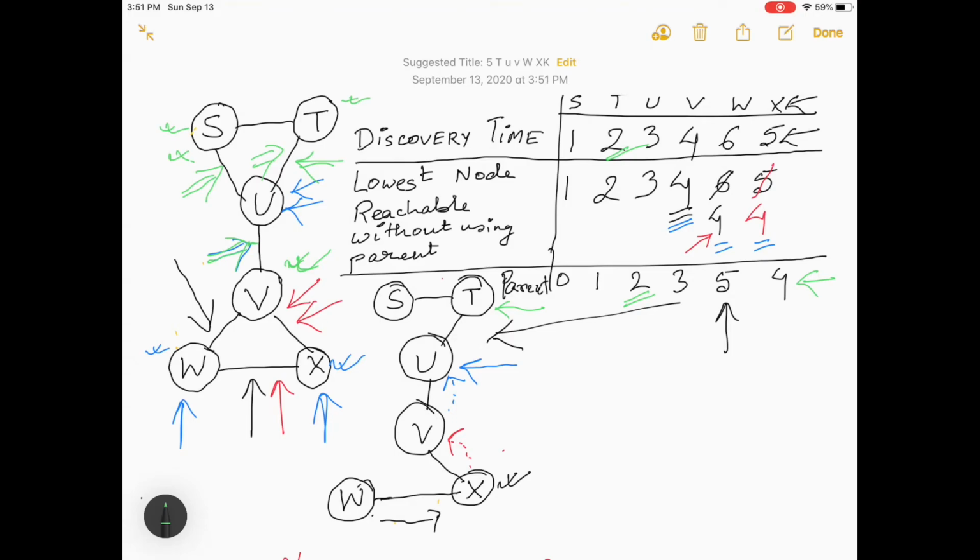V has the earliest reachable node as 4, and u already has 3, so we would take the min, and it stays the same. Now we look at s, and we see that s happens to be one of its ancestors.